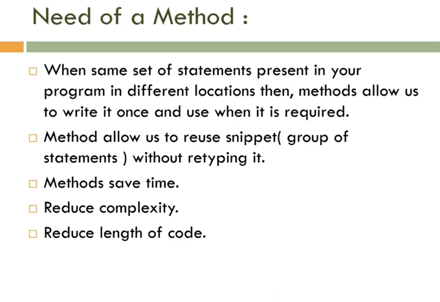Functions allow us to write these statements once. A method allows us to reuse a snippet, meaning a group of statements, without retyping it, and we save our time also, and the complexity reduces, the length of code reduces, because we are writing these statements only once.